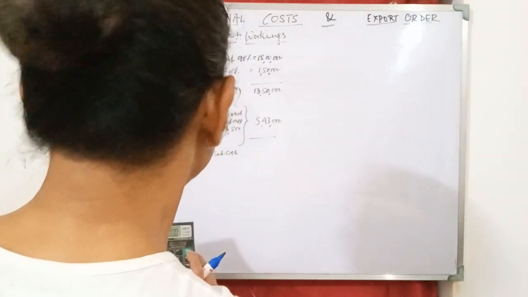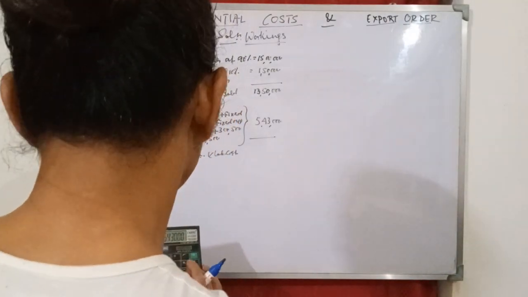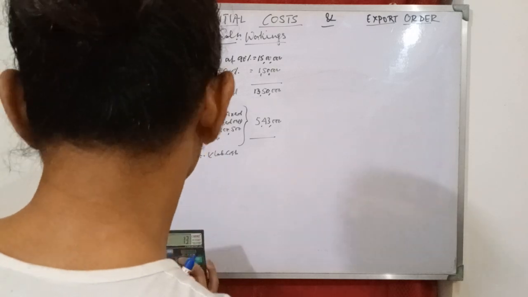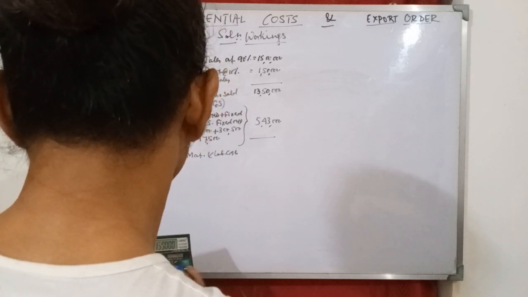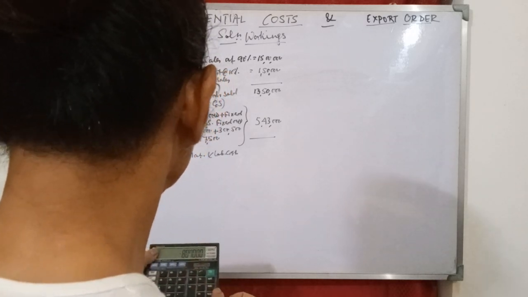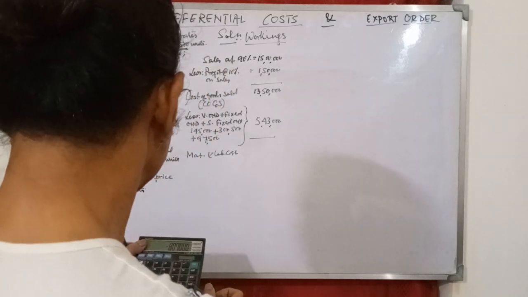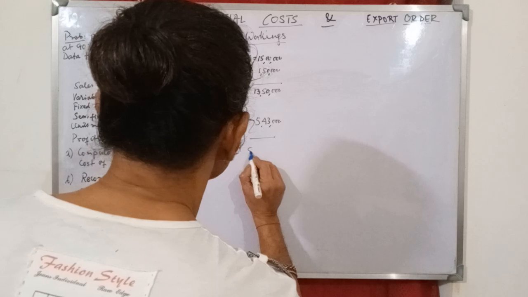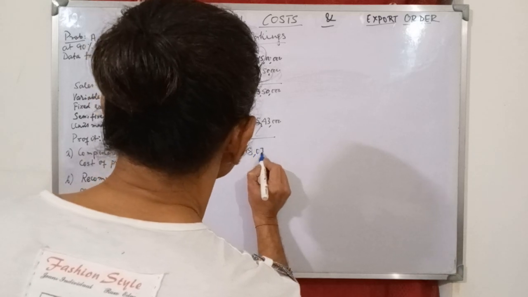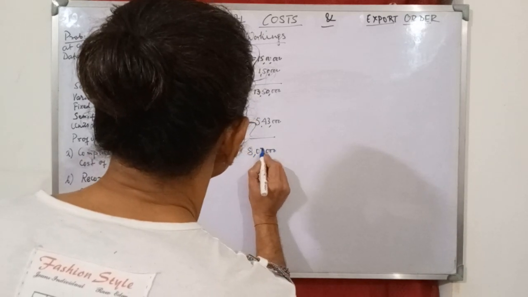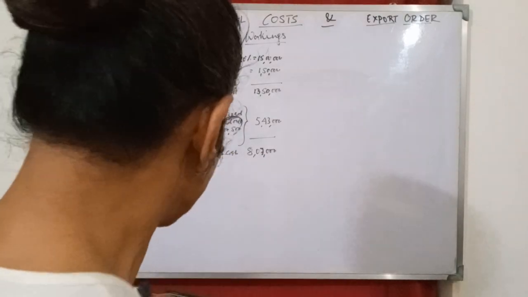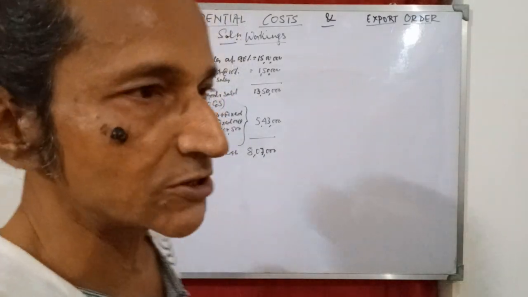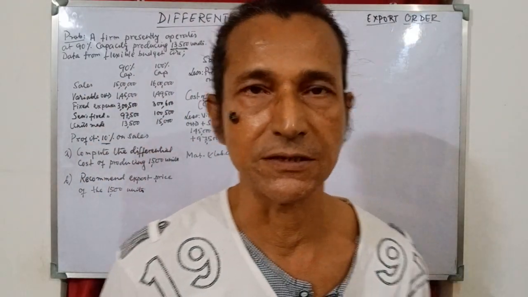Let us see what it comes to. Yeah, it comes to 8,07,000. So this is the material and labor cost when the firm is operating at 90% capacity.